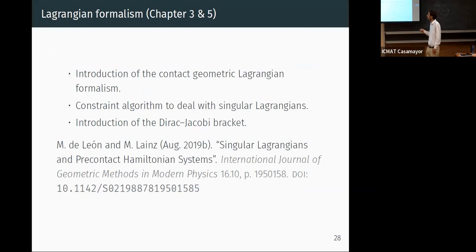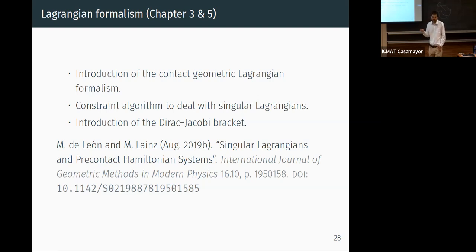The next thing we did was the Lagrangian formalism, which was in this paper, Singular Lagrangians and Precontact Hamiltonian Systems. Here, we introduced the contact geometric Lagrangian formalism with this Lagrangian contact form and the Herglotz vector field.